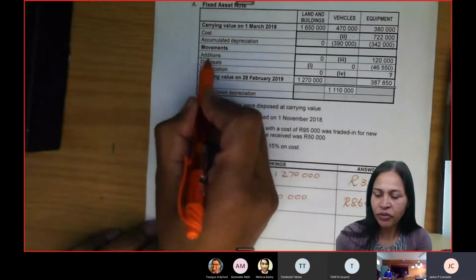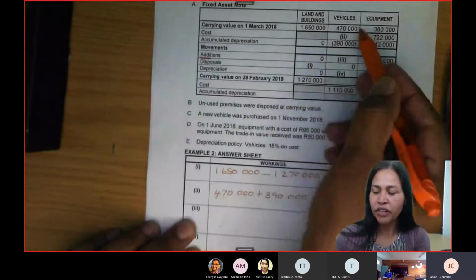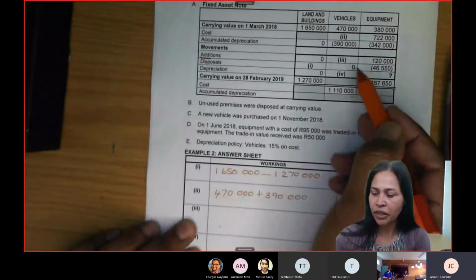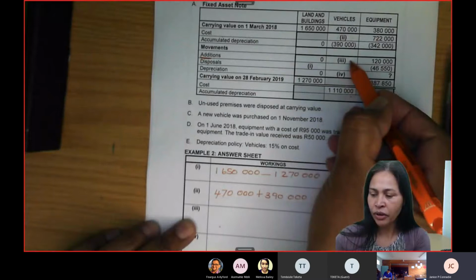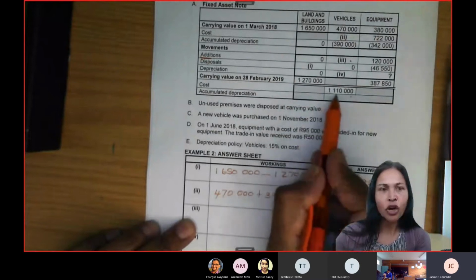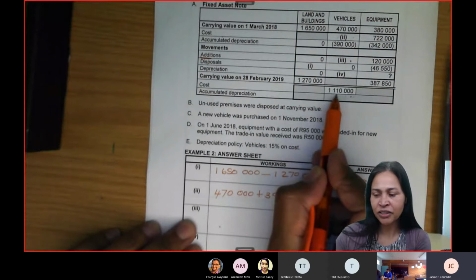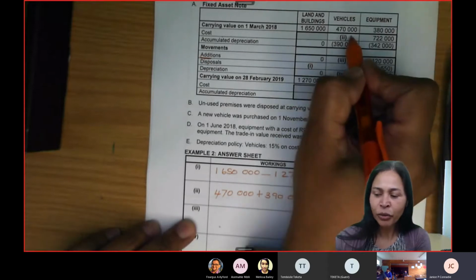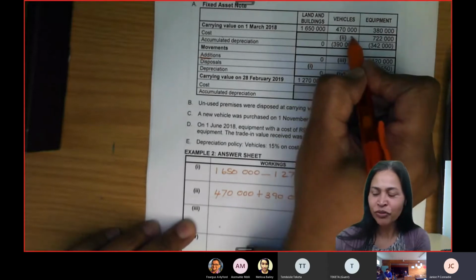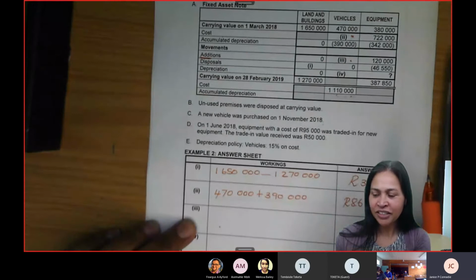So for number 3, we need to find additions, right? So additions means that we've added to our vehicles. We're looking at the vehicles cost, right? I know that my cost at the end is 1,110,000. Do I know what my cost was at the beginning? Yes, we've just calculated that. So here, it's a case of finding the difference between the two.